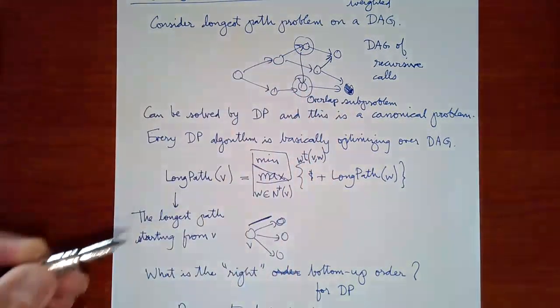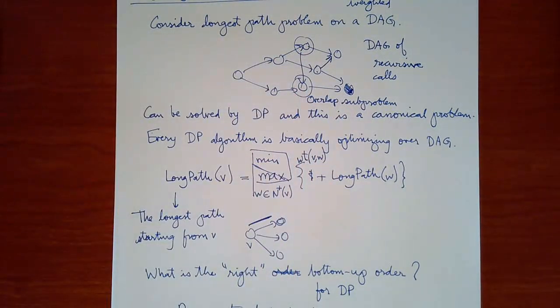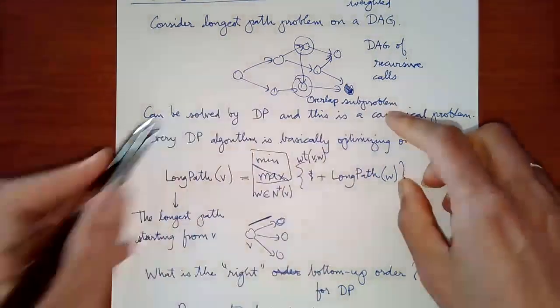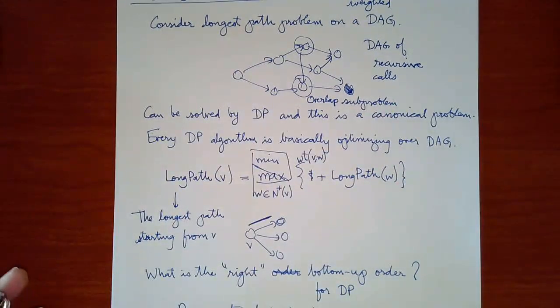So you're effectively doing things in reverse topological order, filling out your table. Exactly. You're implicitly computing a topological ordering because you fill up the table in increasing order of finish times, which is a reverse topological order. Yeah, that makes sense. Thank you.